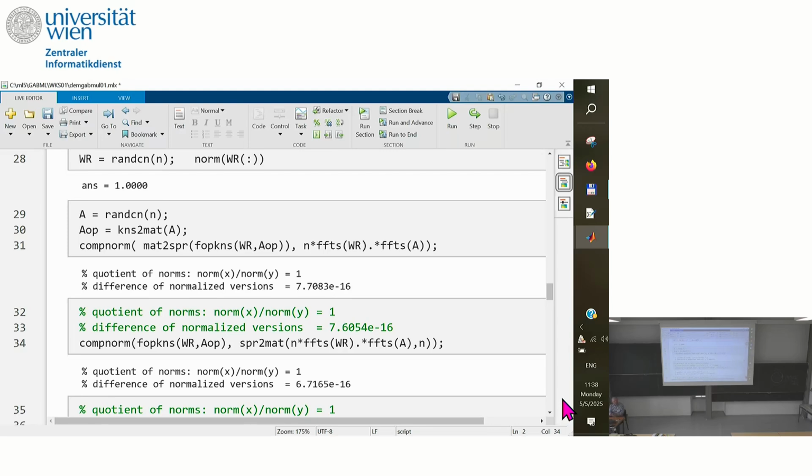Another way, which I don't show here, is when you ask what happens if you conjugate a matrix with time frequency shifts. Then you do your algebra or a small MATLAB experiment and you see, oh, it's like multiplying with some plane wave.